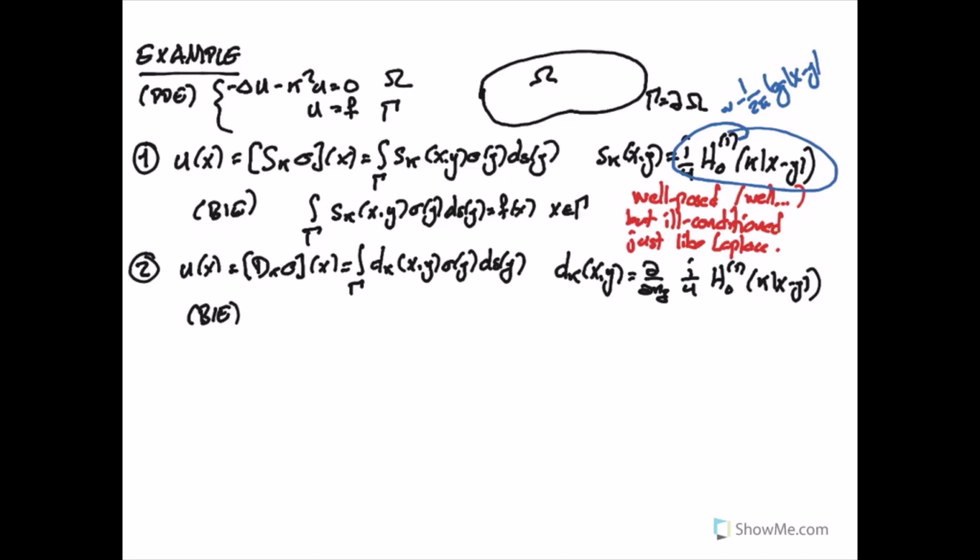So the singular behavior at the origin has to be the same between Laplace and Helmholtz, and that's why the boundary integral equation formulations for Helmholtz very closely mimic the situation for Laplace. So the boundary integral equation we get in this case looks the same.